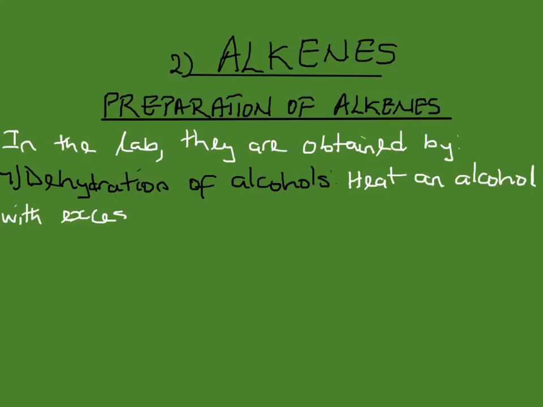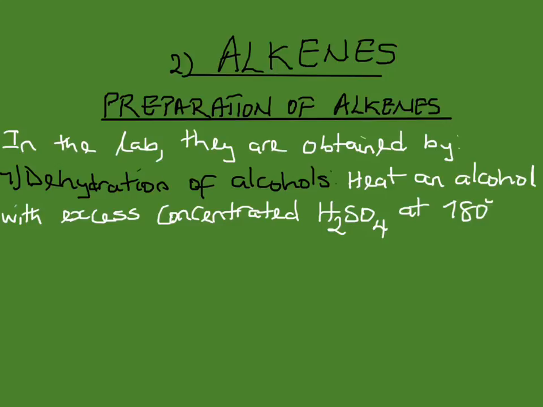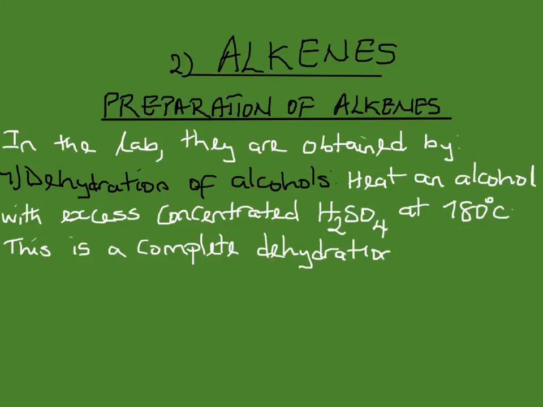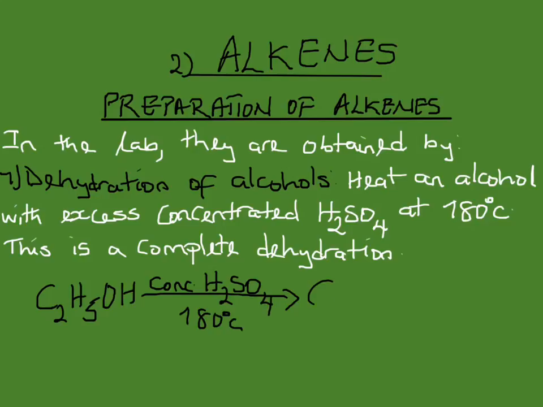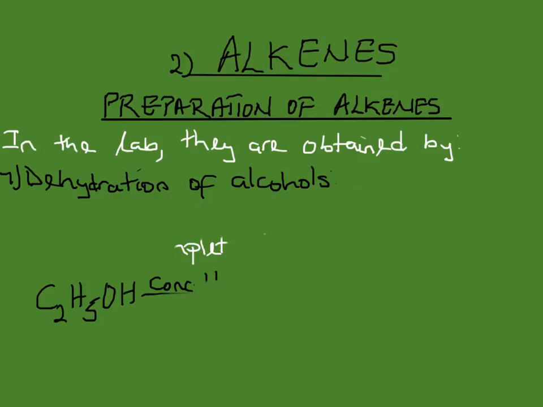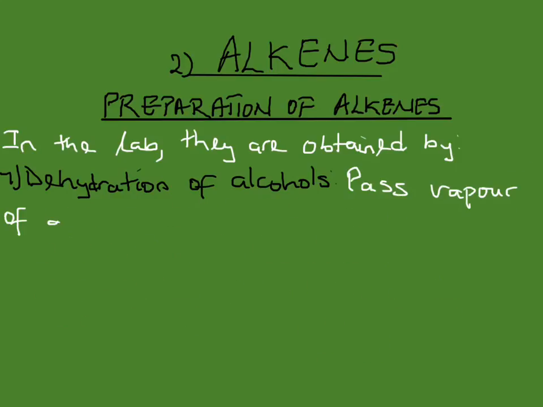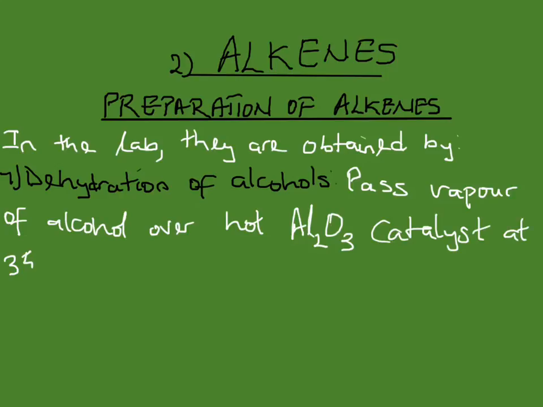Heat an alcohol with excess concentrated sulfuric acid at 180 degrees Celsius. This is a complete dehydration, like I earlier said. We have there ethanol in the presence of concentrated sulfuric acid giving us ethene plus water. Pass vapor of alcohol over hot aluminum oxide catalyst at 350 degrees Celsius.